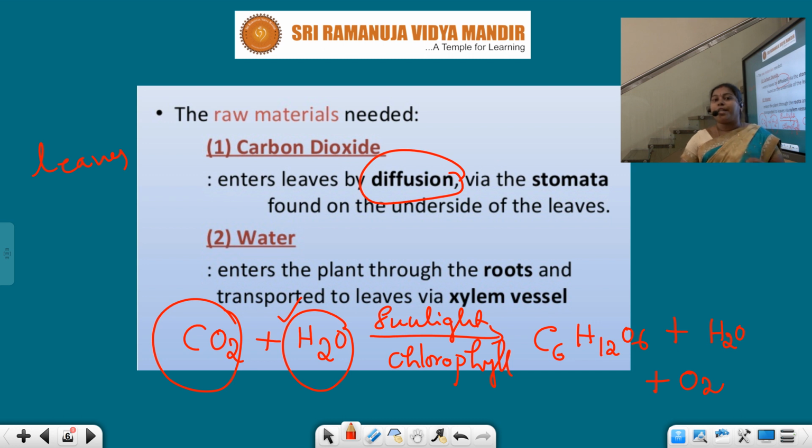Xylem is a water conductive tissue, whereas phloem is a food conductive tissue. Xylem vessels are like pipe-like structures, through which water is transported to the different parts of the plant, including the leaves. Now our leaf is getting the raw materials necessary for making carbohydrate: carbon dioxide and water, right?